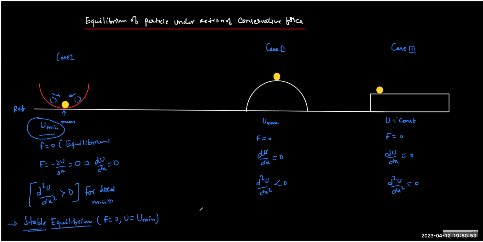Now, we'll continue for the first case. In case of stable equilibrium, we may see oscillation. So I just mark it.